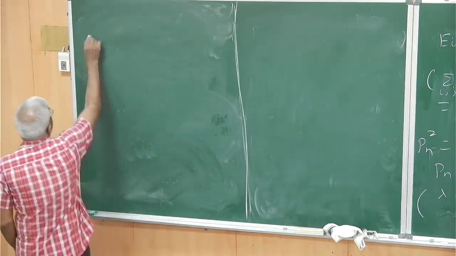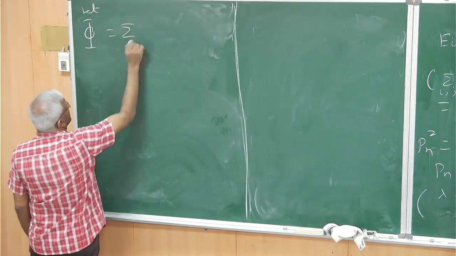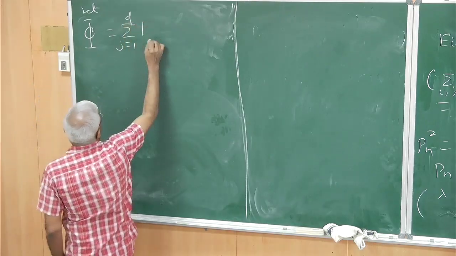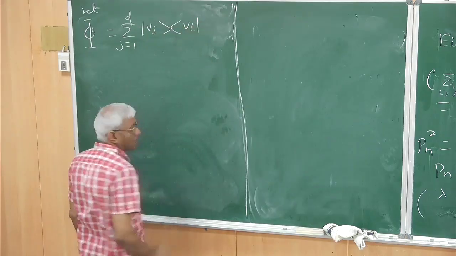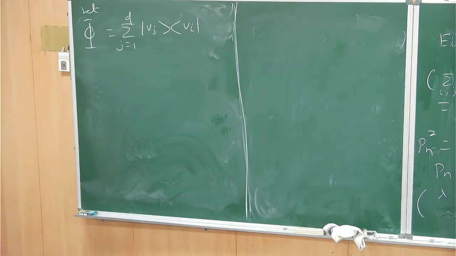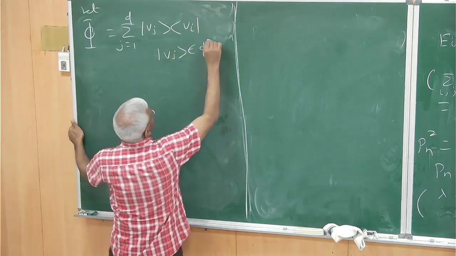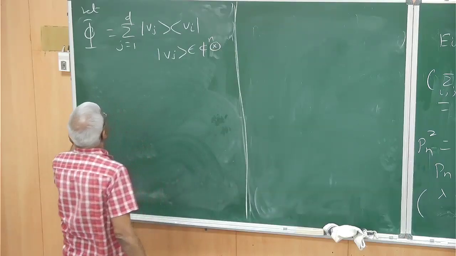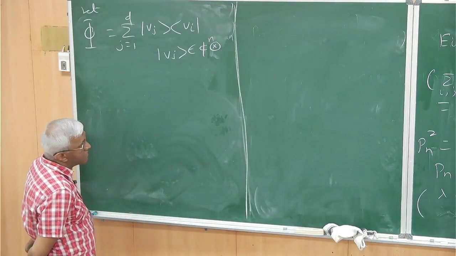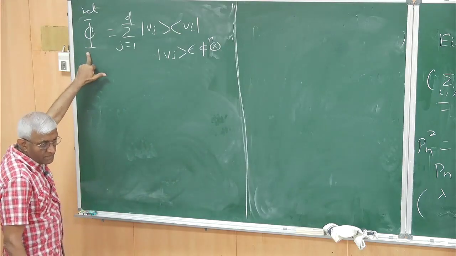Now phi is greater than or equal to 0, so phi is positive. So let phi equal the summation over j equal to 1 to d of v_j v_j star, where each v_j is a vector in C^n tensor C^m.